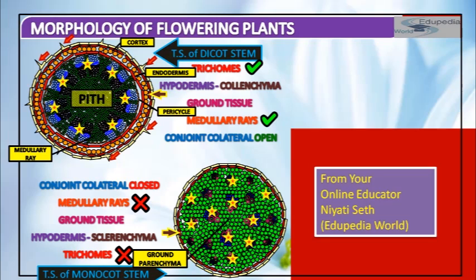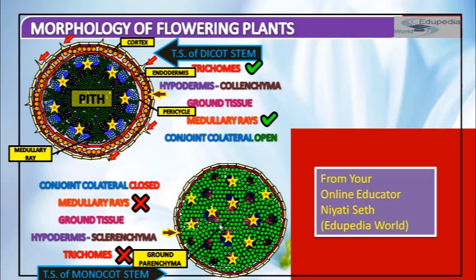And the third diagnostic feature is presence of hypodermis made up of sclerenchyma and presence of undifferentiated ground tissue, the green one. The presence of numerous vascular bundles which are irregularly scattered with centrifugal arrangement, students.